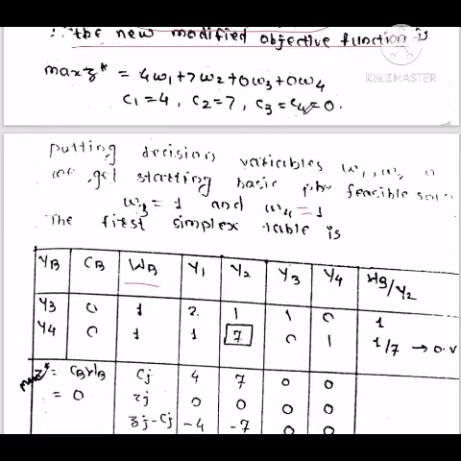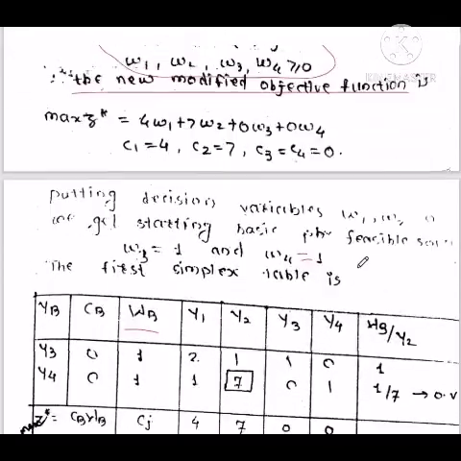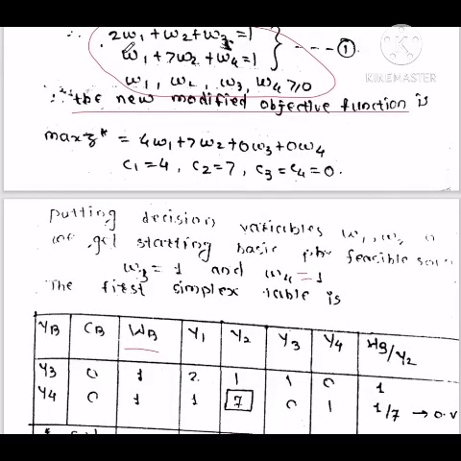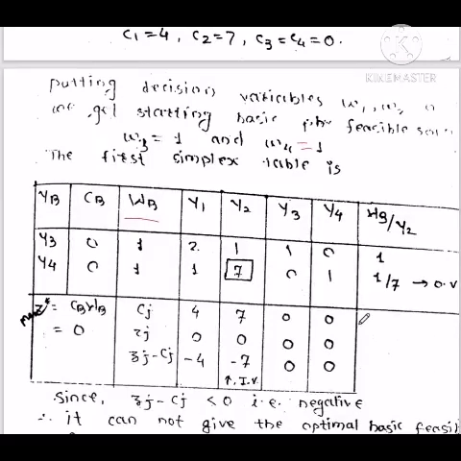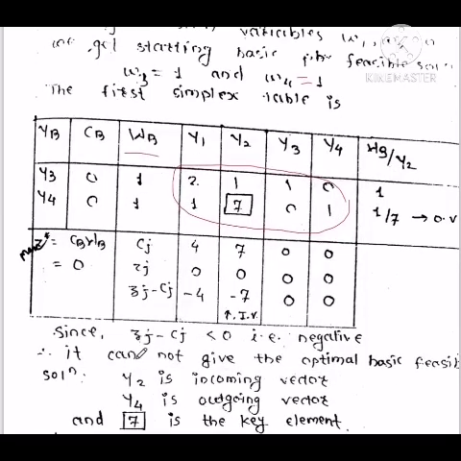WB, the RHS, is 1, 1. Then the coefficients of W1, W2, W3 and W4 in the first constraint are 2, 1, 1, and 0, since W4 is not present. In the second constraint they are 1, 7, 0 since W3 is not present, and 1. We put these elements from equation number 1.